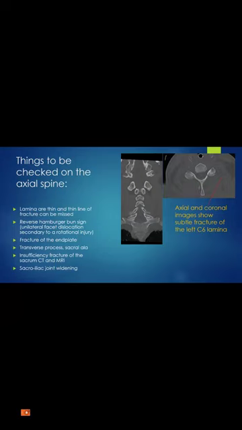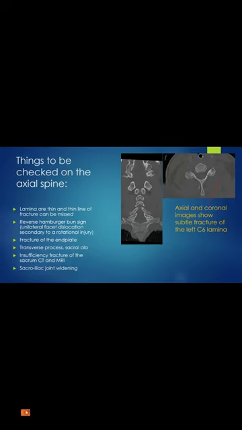Look for the reverse hamburger bun sign, which indicates unilateral facet dislocation secondary to rotational injury, and fracture of an endplate. Sometimes we might not be able to accurately see an acute endplate fracture in the sagittal, but sometimes the axial can show a fracture line at the endplate level. It can be a confirmatory look.